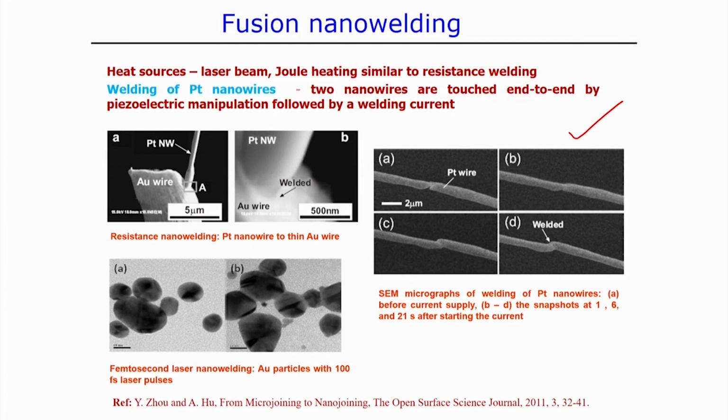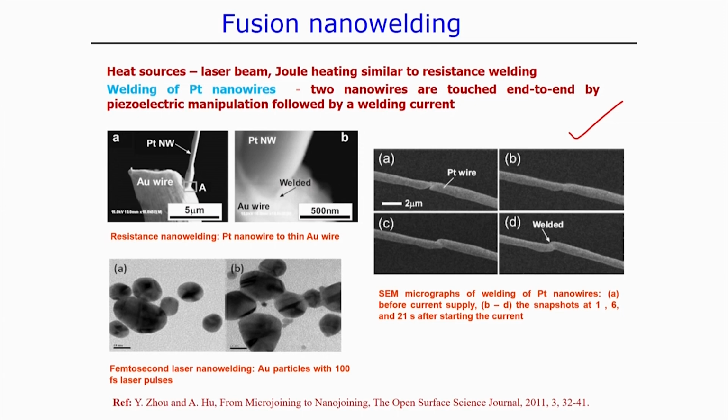In this case, piezoelectric manipulation is required to put the two different nanowires at exactly the proper position. After putting the nanowires in the specific position, current can be applied, and they can be joined by the resistance welding process.